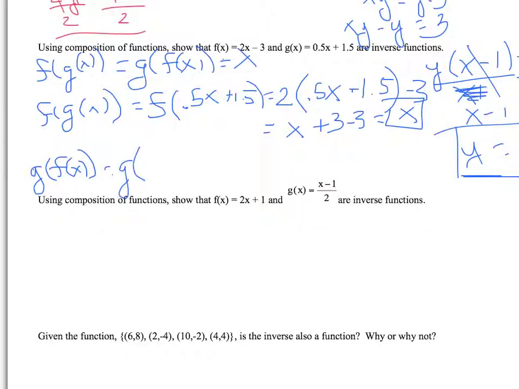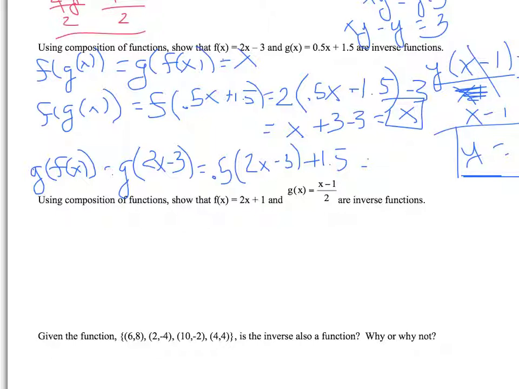First, I'm going to replace the f of x with what it equals, 2x minus 3. Now in my g function, I'm going to replace the x with 2x minus 3. So it's going to be 0.5 times 2x minus 3, plus 1.5.